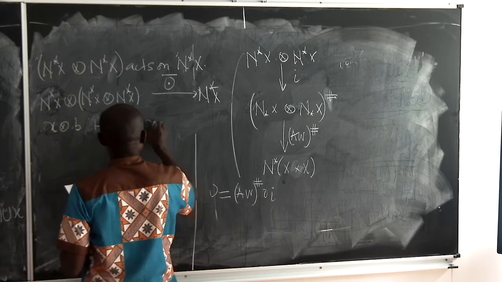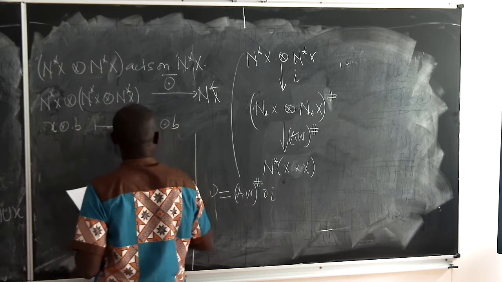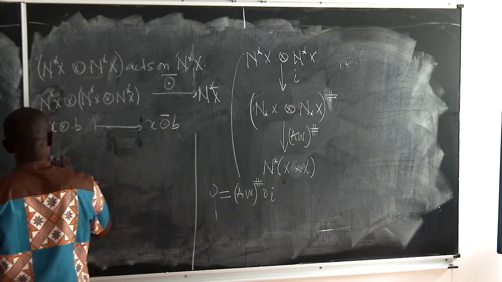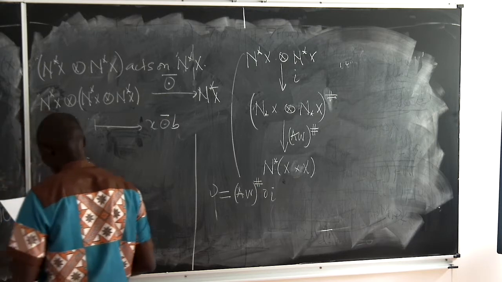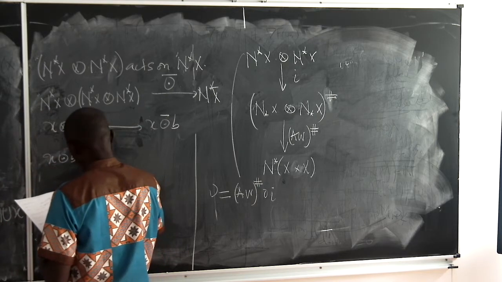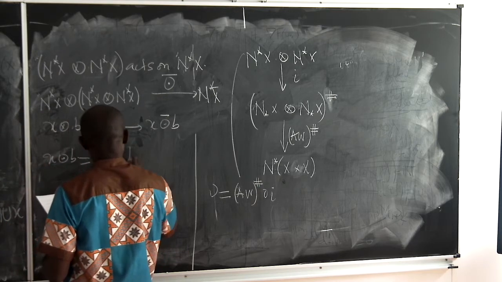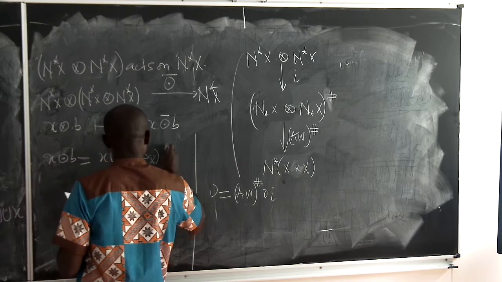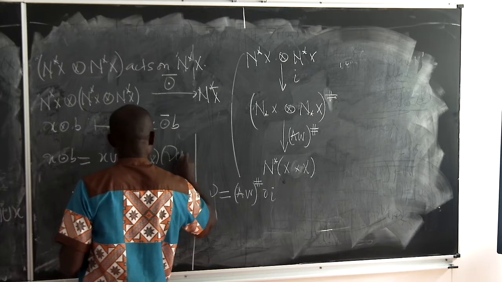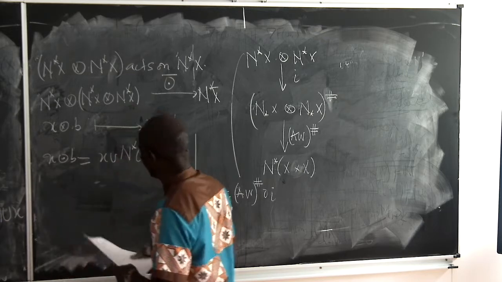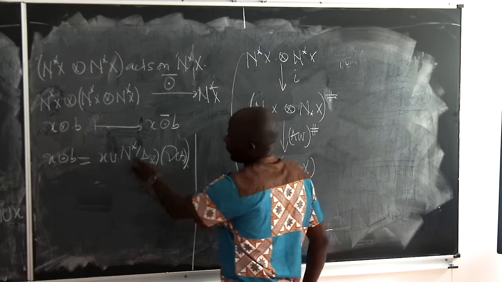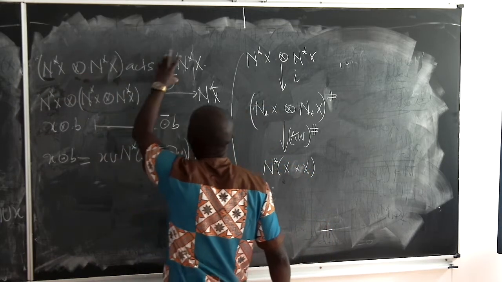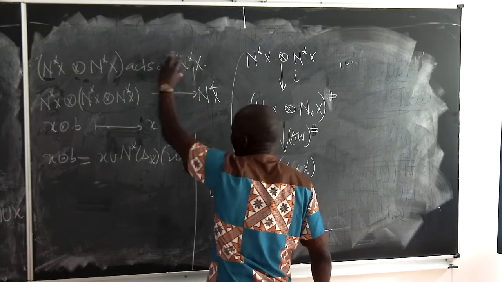We have x action b is equal to what? Is equal to x cap N delta X of nu of b. This is the action of this tensor product on NX on the right side.